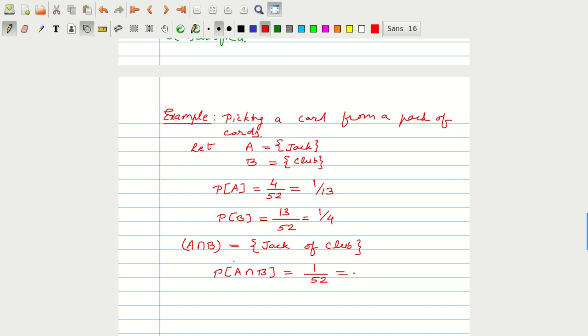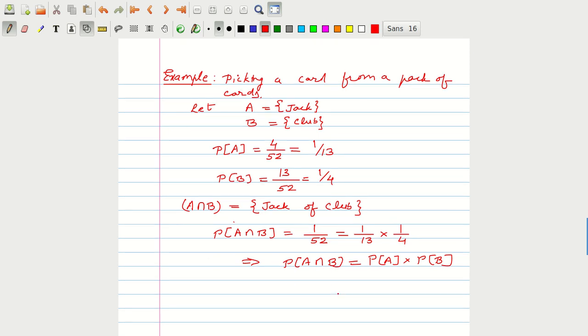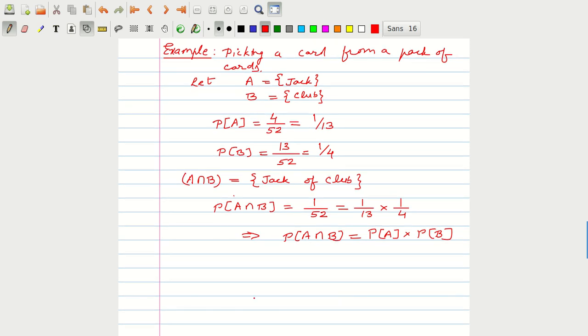Now 1 by 52 is equal to 1 by 13 into 1 by 4, which is same as probability of A into probability of B. So from here probability of A intersection B is equal to probability of A into probability of B. Therefore, in this example, we see that the events A and B are statistically independent. This symbol we normally use to show the statistical independence.